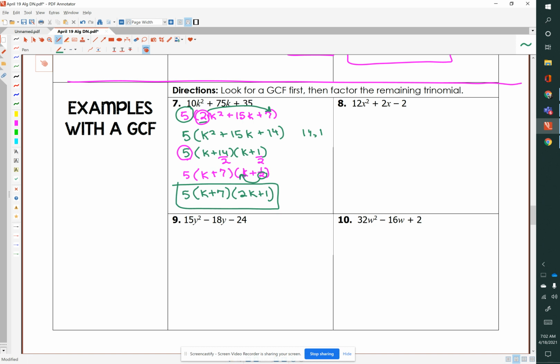Okay, so number 8. I would say everything is the same from this point on that we've been doing, but we've factored out a greatest common factor first, and then you just work with the trinomial that's left. So let's factor out a 2 in 12x squared plus 2x minus 2, which would give us 6x squared plus x, and remember that's 1x, minus 1.